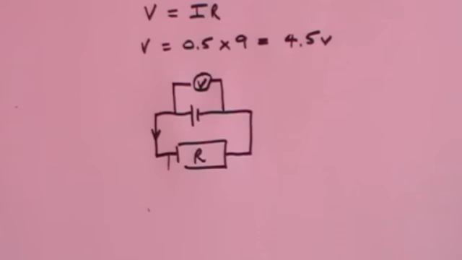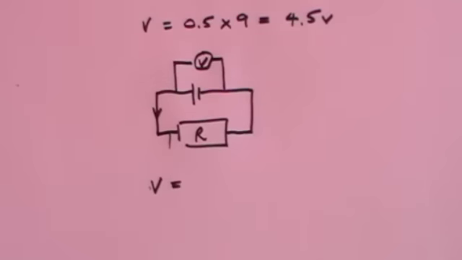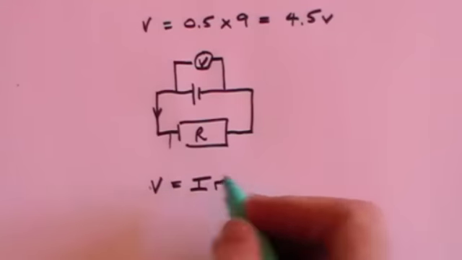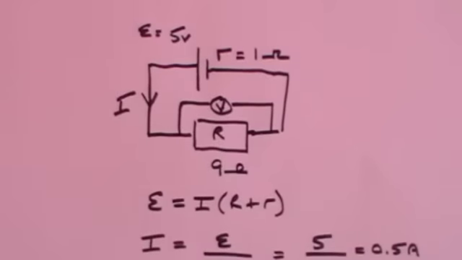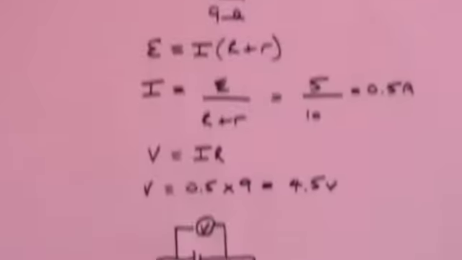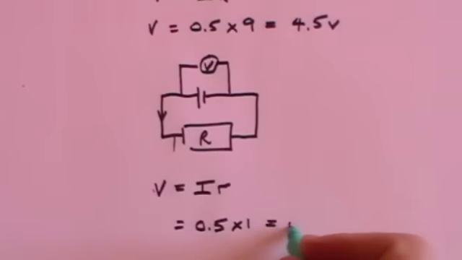Now you might think, because what I'm about to say is wrong, and I'll explain why later, that in these circumstances the voltage drop across the battery is going to be equal to the current times the resistance, which is now little r, and that's going to be equal to the current, which we know is 0.5 amps, times the resistance, which you may remember I told you was 1 ohm, so it's 0.5 times 1, and that's 0.5 volts.